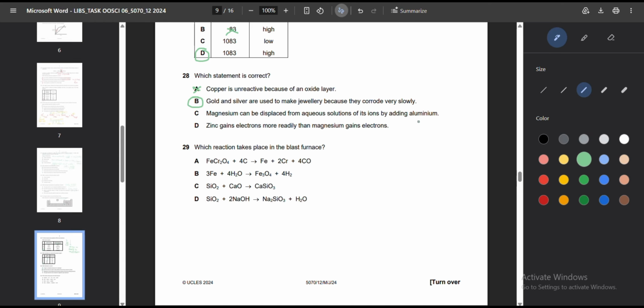If you compare from the reactivity series of metals, magnesium is more reactive than aluminum, so that makes this one incorrect. Zinc gains electrons more readily than magnesium gains electrons. Again, if you compare magnesium and zinc, magnesium is more reactive than zinc from the reactivity series, according to that.